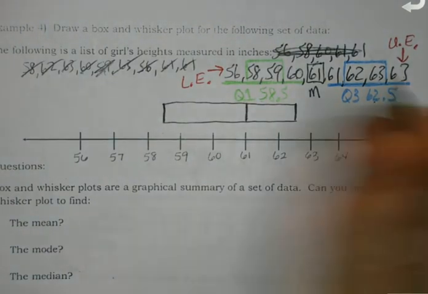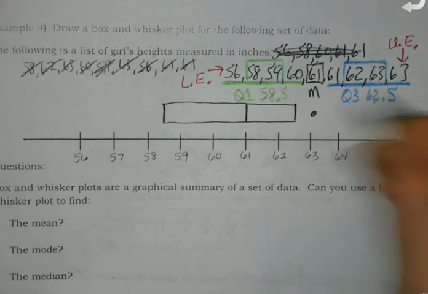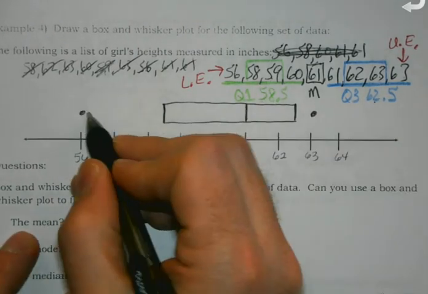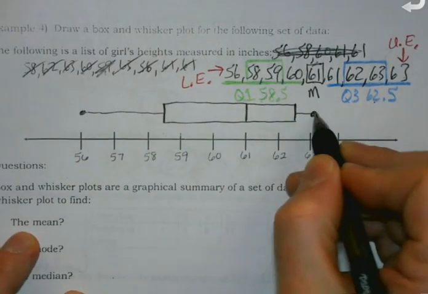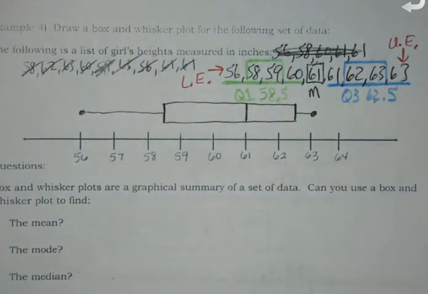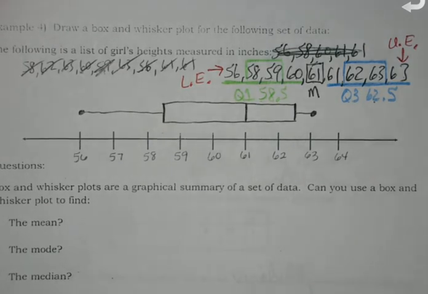And then for my extremes, I'm just going to plot a single point. And you see the upper extreme really isn't that far outside the box. Ha ha, math joke. But 56 is quite a ways. So that one was kind of unusual compared to what everybody else seemed to be getting. But that's how this whole box and whisker plot thing works.